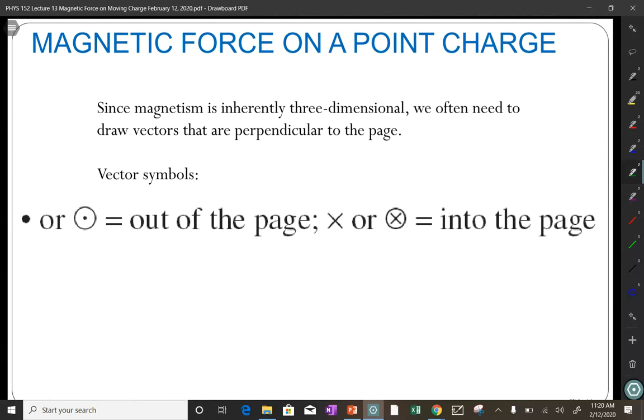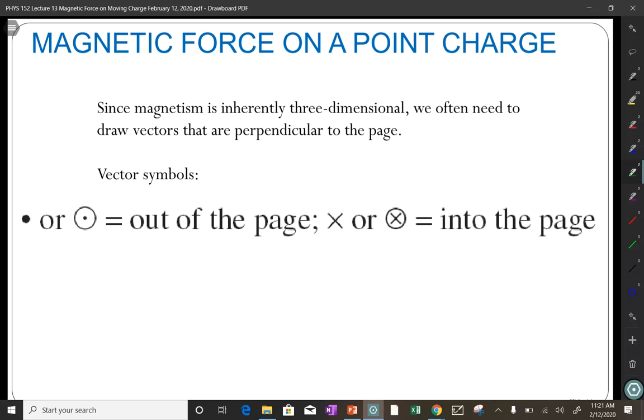One last thing, just notation. We haven't dealt much with in and out. We've dealt with 2 dimensions. But when we're dealing with magnetism, we are inherently going to be doing things in 3 dimensions. And so when we draw diagrams to show in and out of a page, the idea is an arrow. I should just get an arrow, maybe for next year.